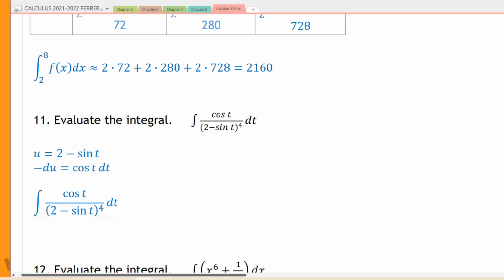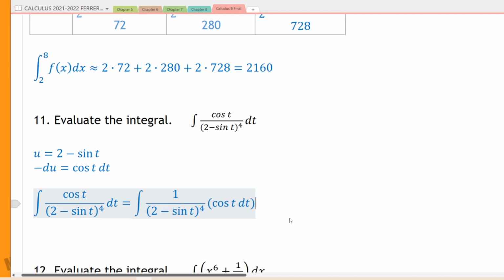Now with the original integral, I'm going to re-express this a little bit. We've got 1 over the quantity of 2 minus sine t to the fourth multiplied by the quantity of cosine t dt. Now this cosine t dt is the same thing as negative du, so we'll make that replacement.